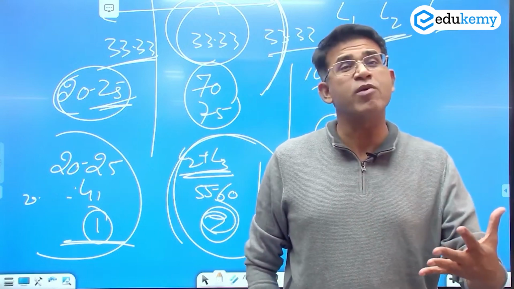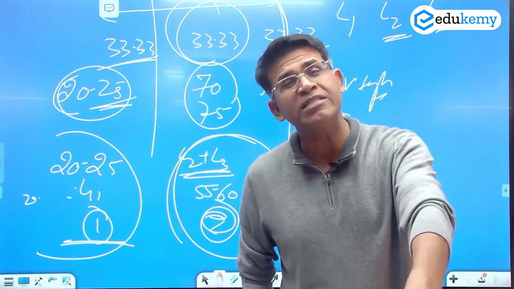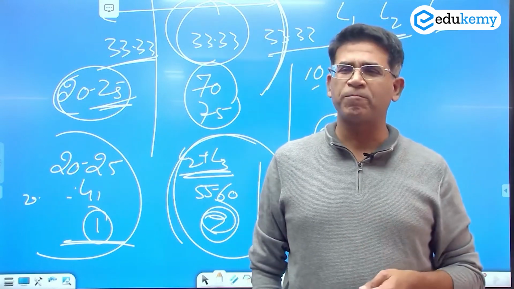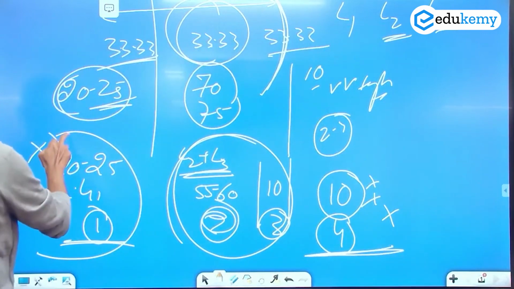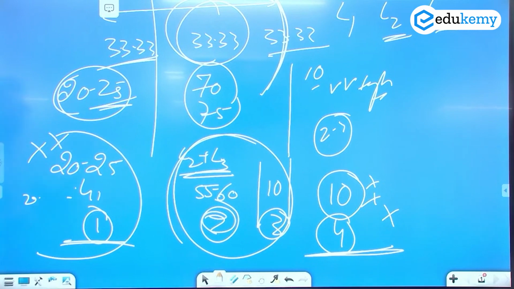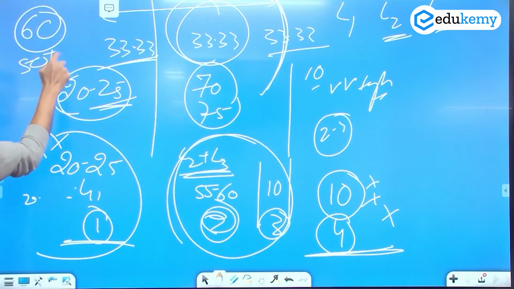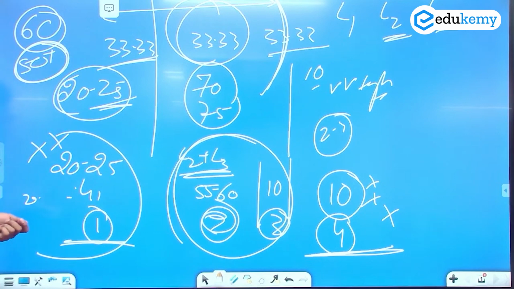You are confidently saying this is right, and the actual answer is wrong, so what does it mean? Your concepts are wrong. And I can't afford this at all. And remember I said, to qualify, you need to keep a target of getting 60 correct, or about 50 plus correct. I just gave a breakup right now. 50 plus correct means the 50 can't come from this. It has to come from here.